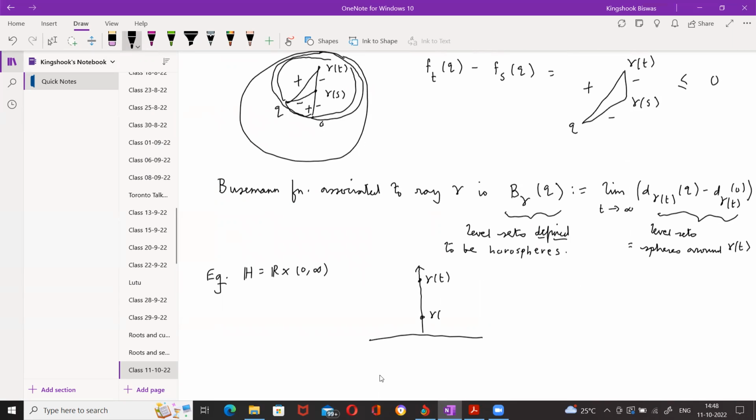This is, say, gamma 0. So the spheres will be larger and larger Euclidean spheres. In the limit, they will converge to horizontal lines. So the horospheres in this case will be horizontal lines. These are horospheres based at infinity.